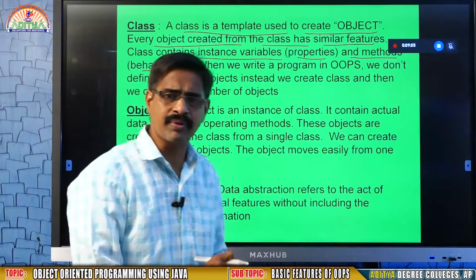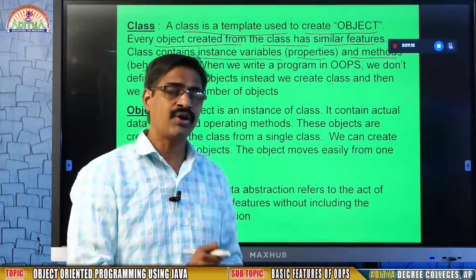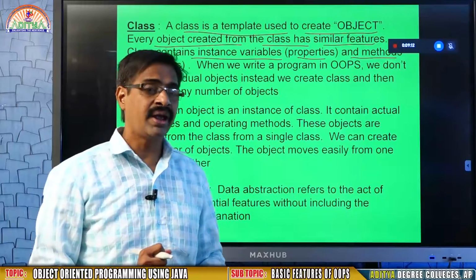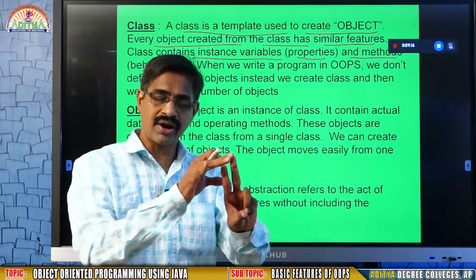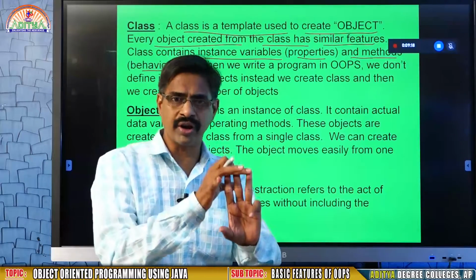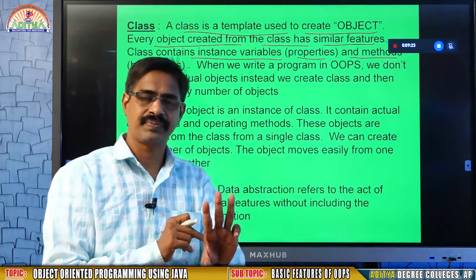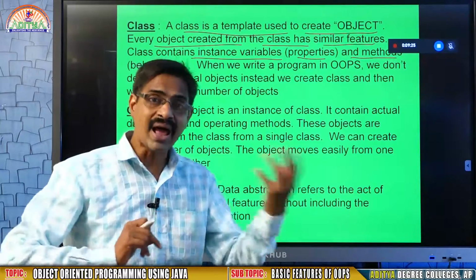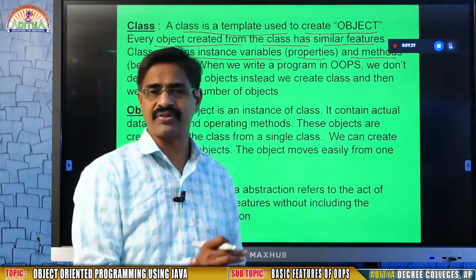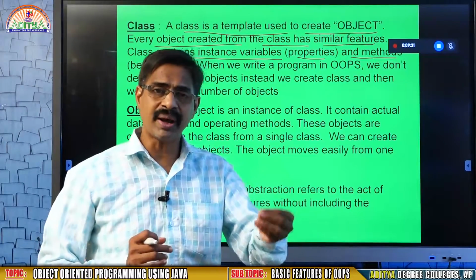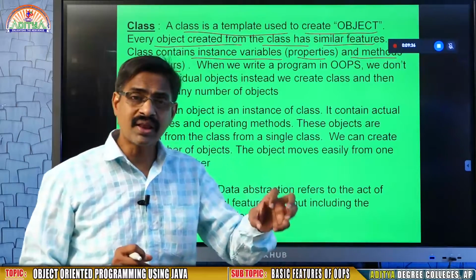For example, instance variables. When you want to calculate the sum of two numbers, what are the instance variables? You need to take two variables for addition of two numbers, and then you need a third variable. So A, B and C. Whereas if I want to convert Fahrenheit temperature to centigrade temperature, what are the properties?